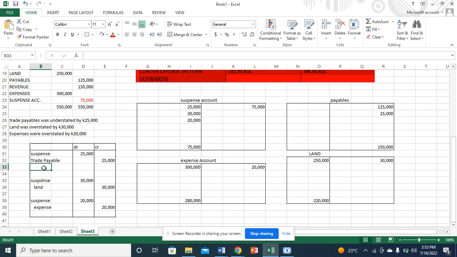Under your journal entries, you put your narrations. In your narrations, just say correcting the error of understatement or overstatement. Hope that answers.